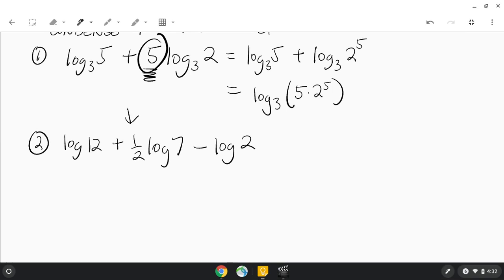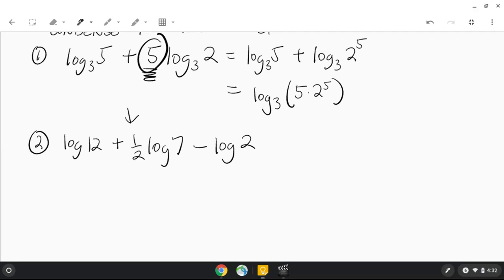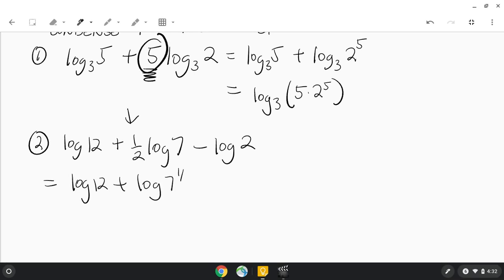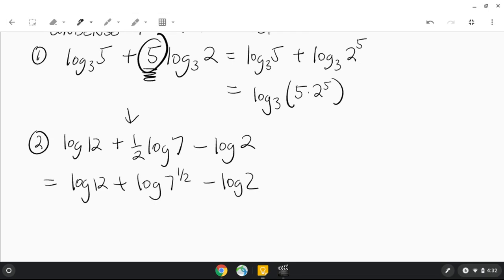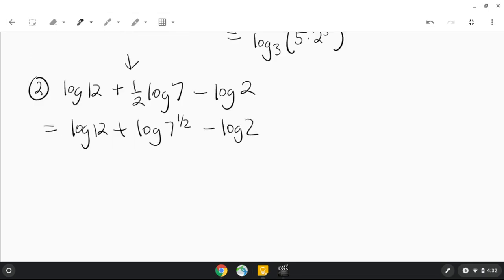So let's go ahead and move that back to the exponent position. The others will remain the same. Okay, so once we move those front numbers back to the exponent positions, now we can go ahead and condense to a single log.